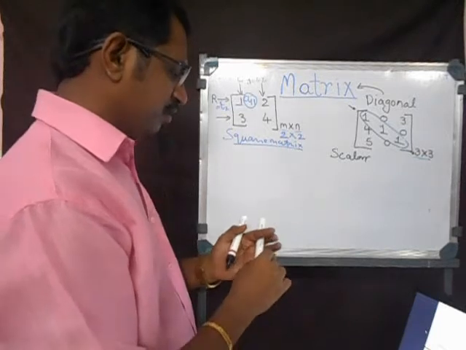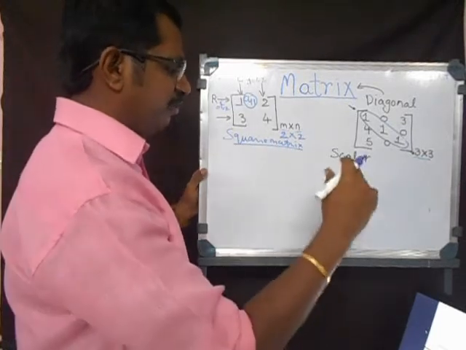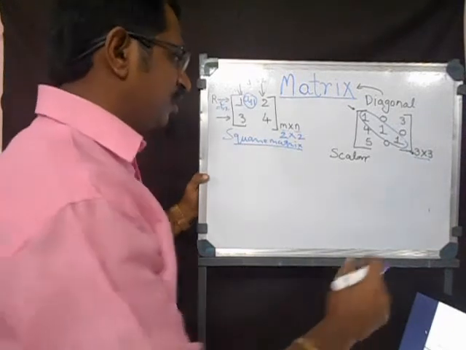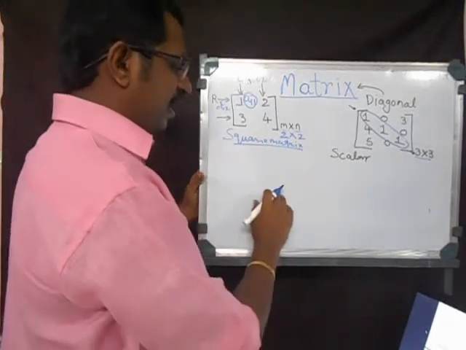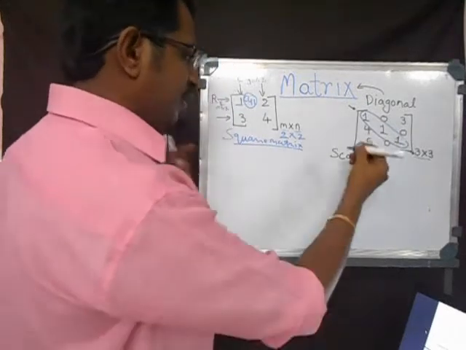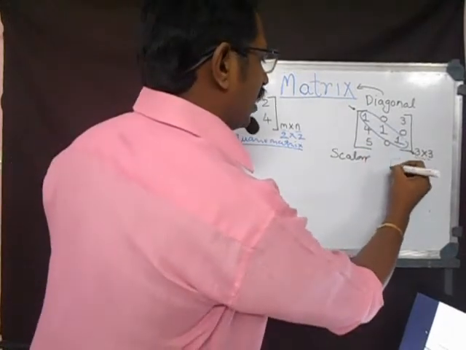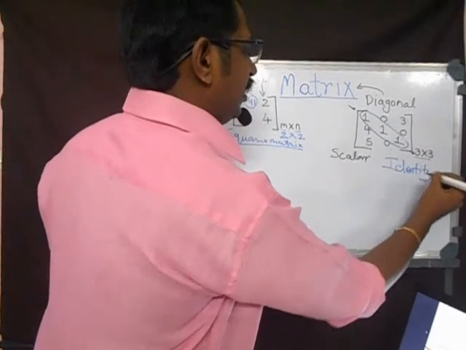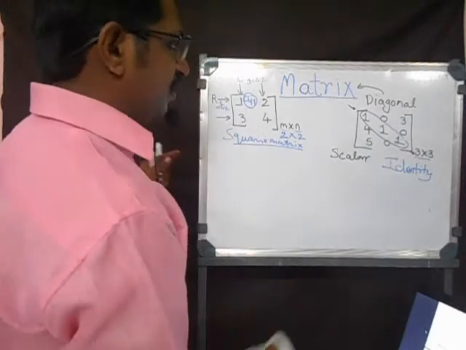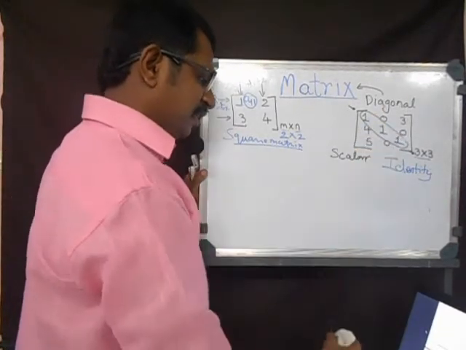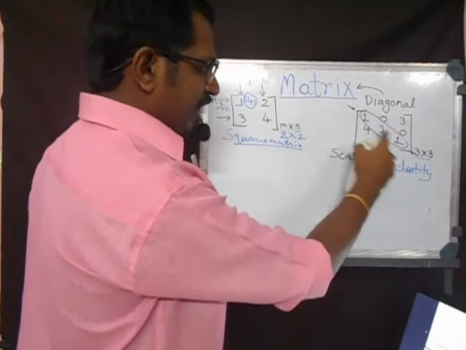Now we talk about the identity matrix. The identity matrix is a step ahead of the scalar matrix. It is a diagonal matrix and the diagonal elements are unity.